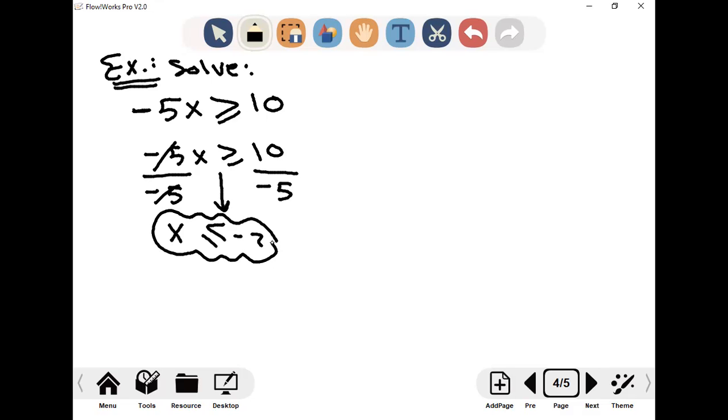How is it more than 1? How negative 5 more than 10? X is 1. How do you say X is 1?